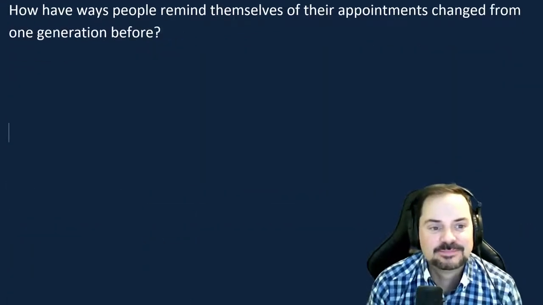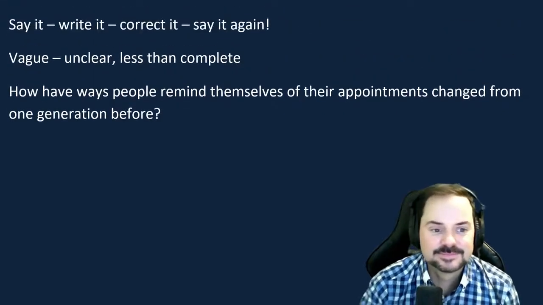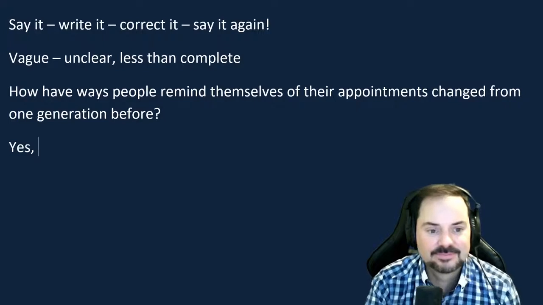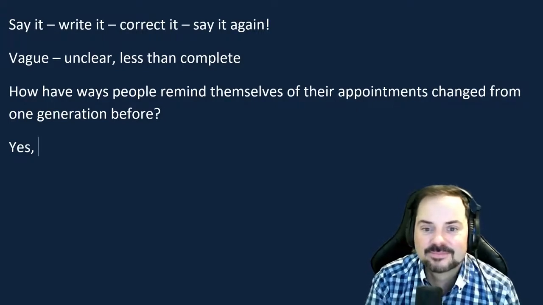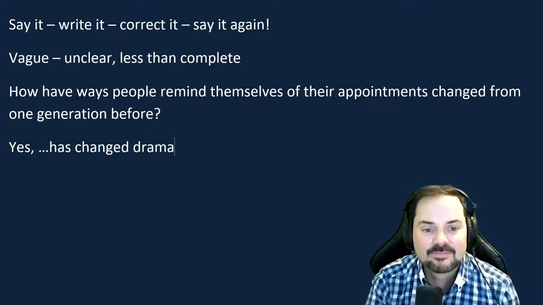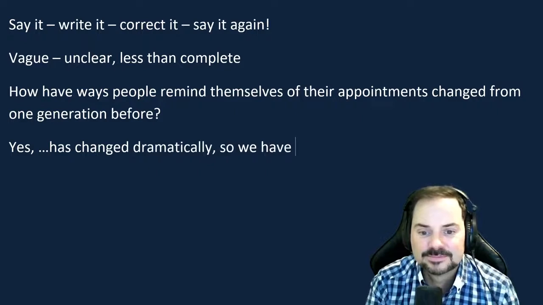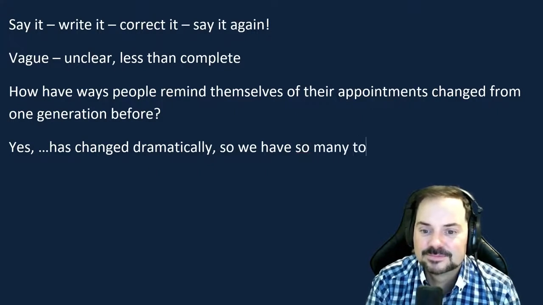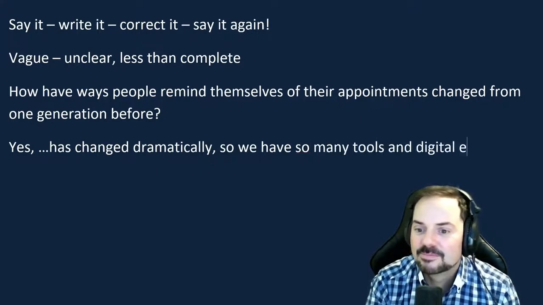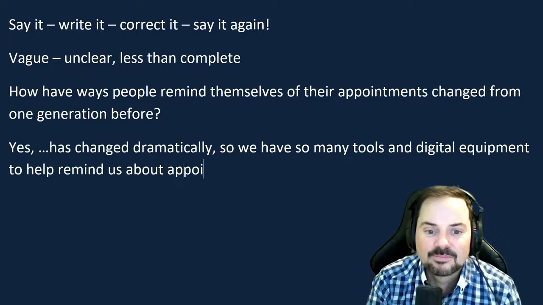How has the way people remind themselves of their appointments changed from one generation before? Yes, the situation has changed dramatically, I would say. We have so many tools and equipment, digital equipment and digital helpers, to remind us about appointments, about deadlines, about our priorities as well.